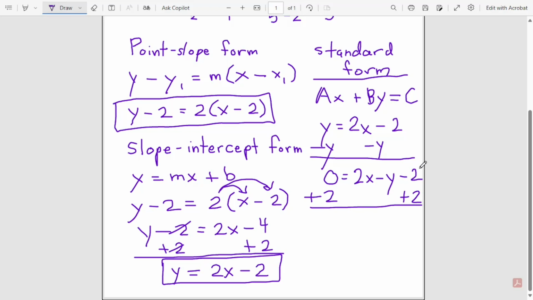These are going to cancel. So we're going to get 2 equals 2x minus y. And normally we rewrite it with the x and the y on the left-hand side. So we'll just write this as 2x minus y equals 2. That'll be our standard form.